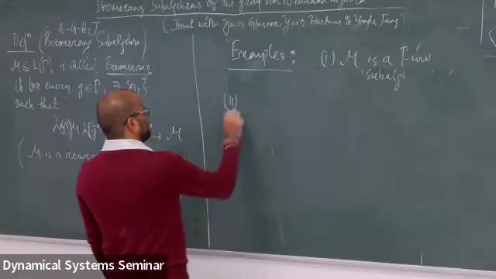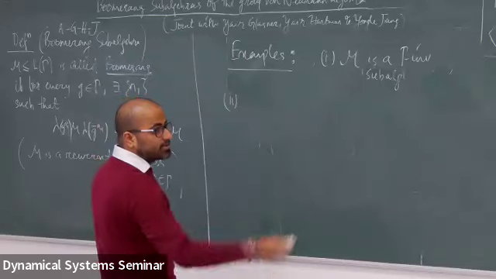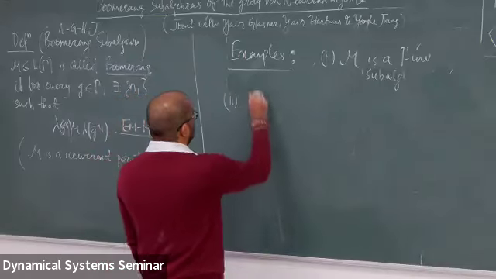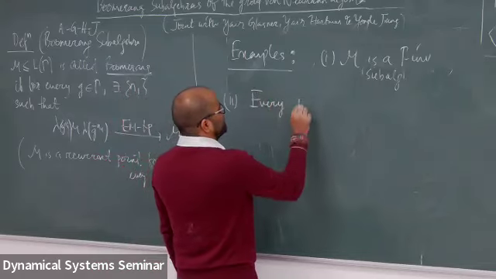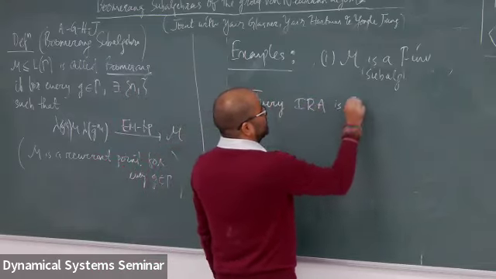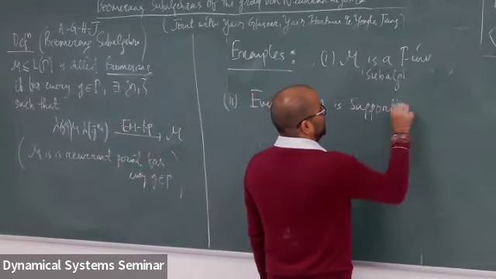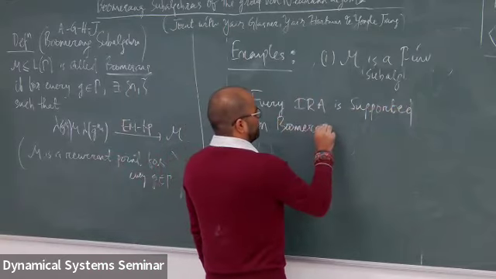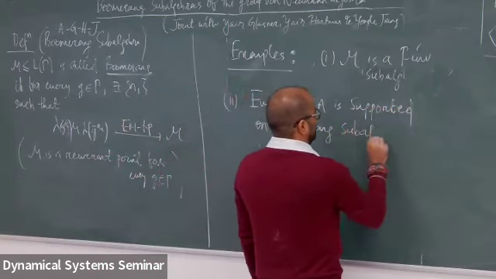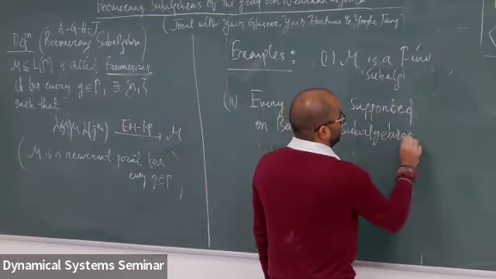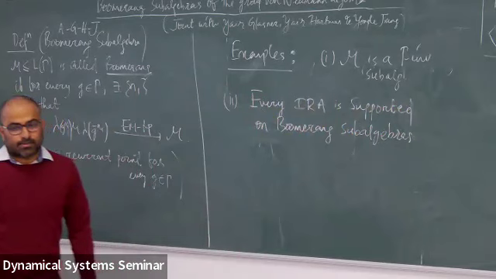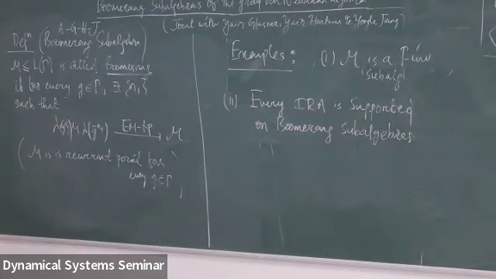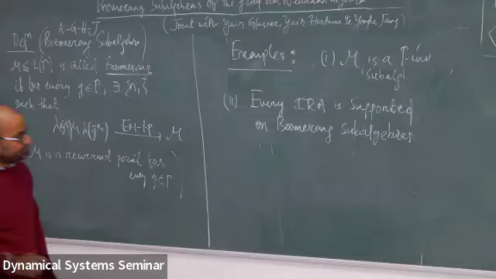Now second, because of the Poincaré recurrence theorem that is there on this board, every IRA is supported on Boomerang subalgebras. This is exactly by the recurrence theorem, because it doesn't need compactness or anything. As long as my measure is finite, I can still use it to get recurrent points.